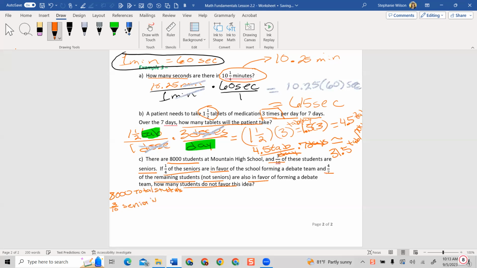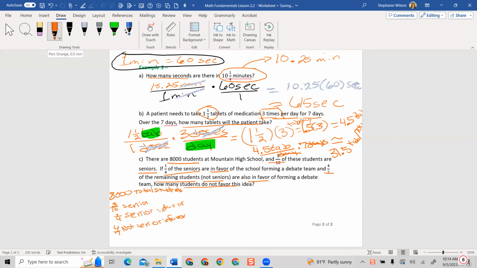I kind of got a little ahead of myself. The 3/10 are seniors, and then the 1/4 of the seniors are in favor. And then you have 4/7 of the remaining students, not seniors or underclassmen, in favor.